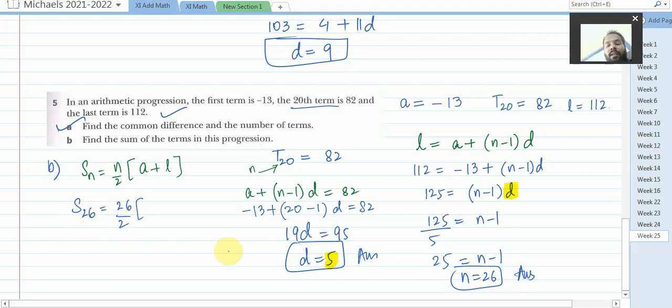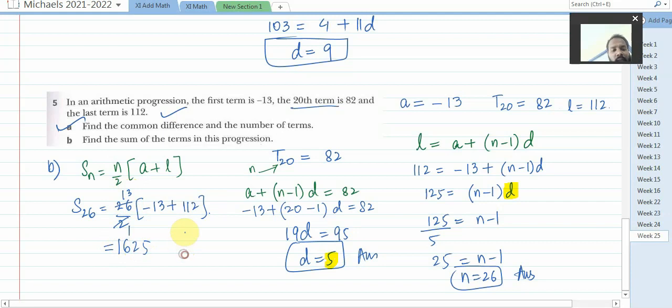The value of a we have, it's minus 13, plus the value of the last term is 112. Now you can solve the equation very easily. 112 minus 13, it will be 99. Alright, and 2 1s are 2, 2 13s are 26, so you need to multiply 99 with 13, and you will get the value of 1625.